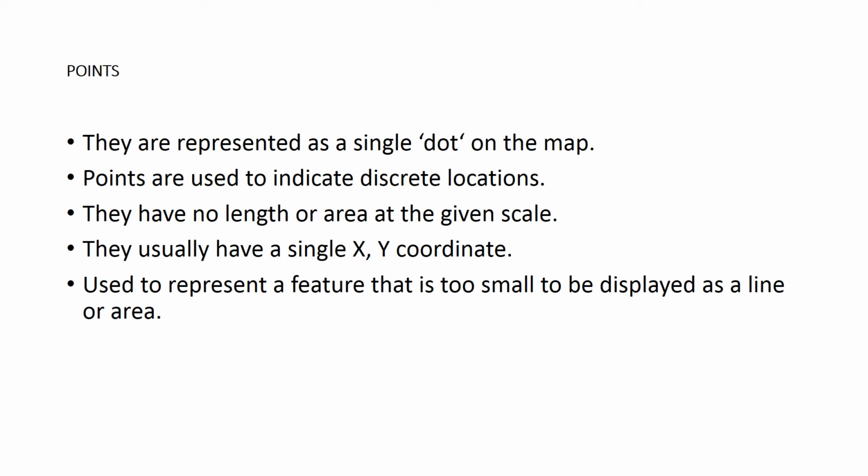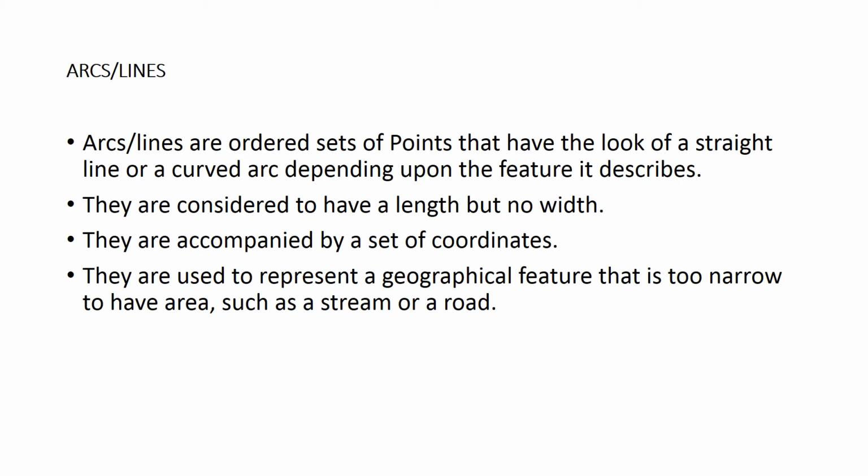Points on a map represent just a single dot. But that dot must have XY coordinates. In other words, there must be longitude and latitude. And small as they are, they are very important in describing an area. Arcs or lines are other sets of points that have the look of a straight line or curved, depending upon the feature it is describing.